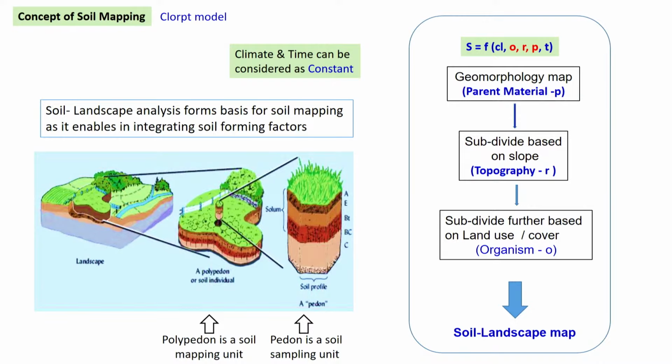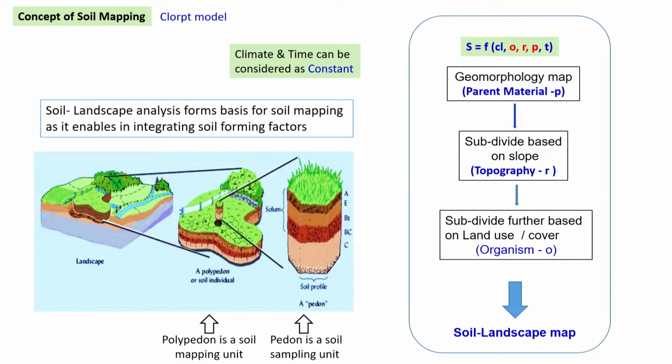And suppose you are not interested to map for the 2 meter depth. Generally, in the standard soil survey, we study 2 meter depth of soils, or the depth where we encounter the parent rock or consolidated material.